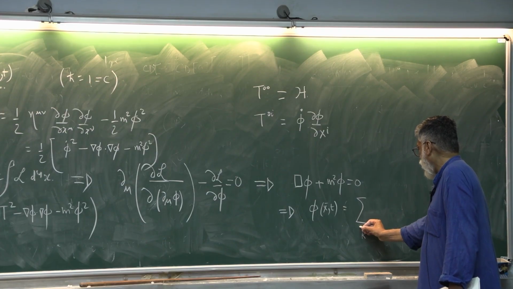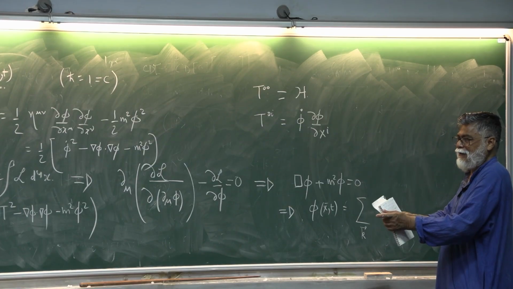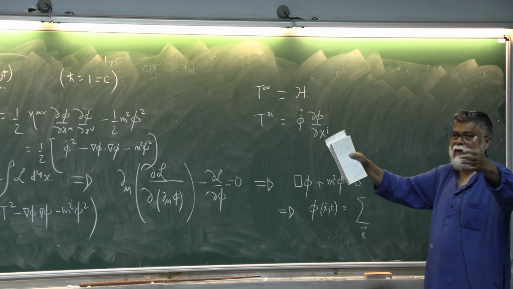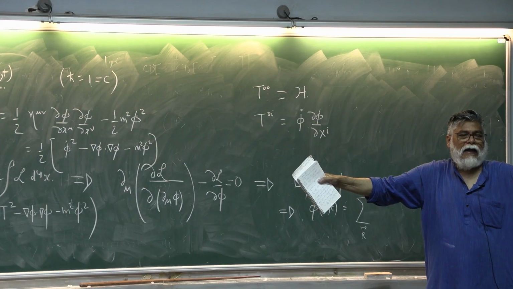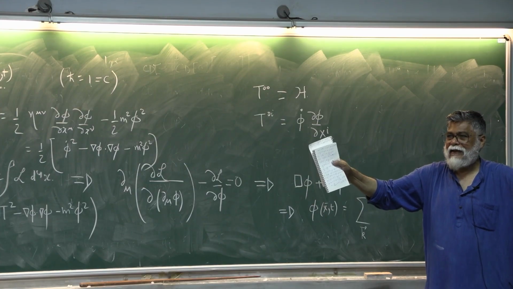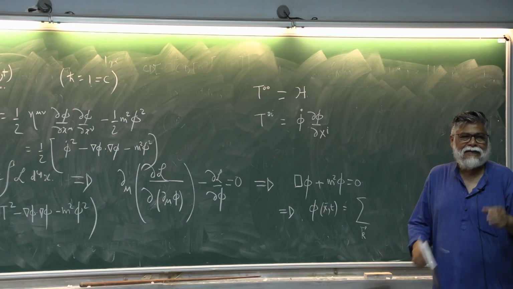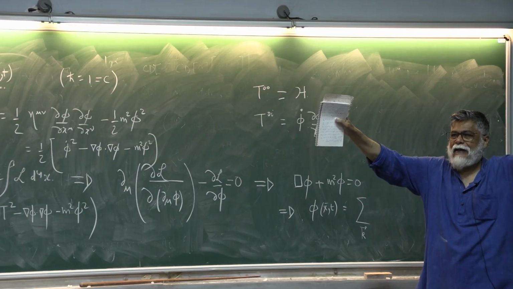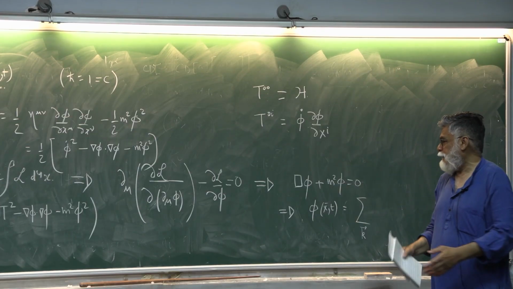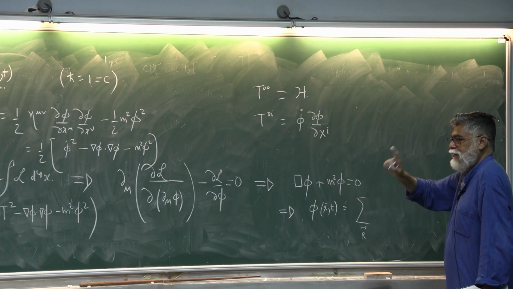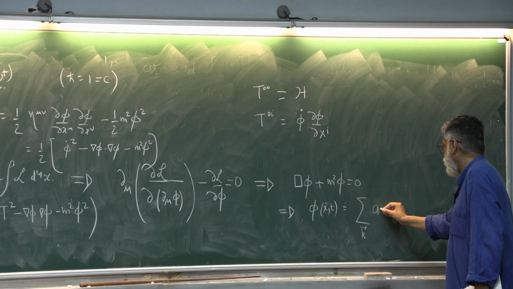Summation over all momentum modes, k1, k2, k3. I have discretized it. You know that if you do the problem in a big box and impose boundary condition, then momentum becomes quantized. This we have done in quantum mechanics. So I am assuming everything is done in a big box with boundary condition, then the momentum gets quantized, k1, k2, k3.